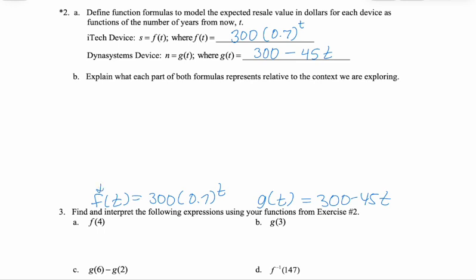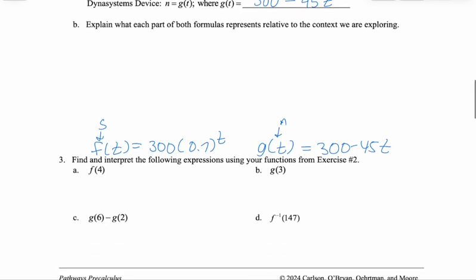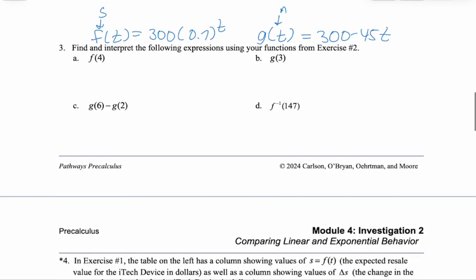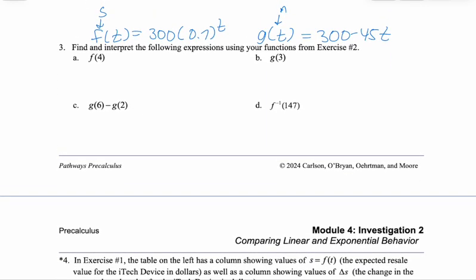This f was s. I don't know why they called it s. And this quantity, their y value, they called n. I don't know if we need that, but that'll be helpful, okay? So there we have those equations written down. Then we can use those values, okay?